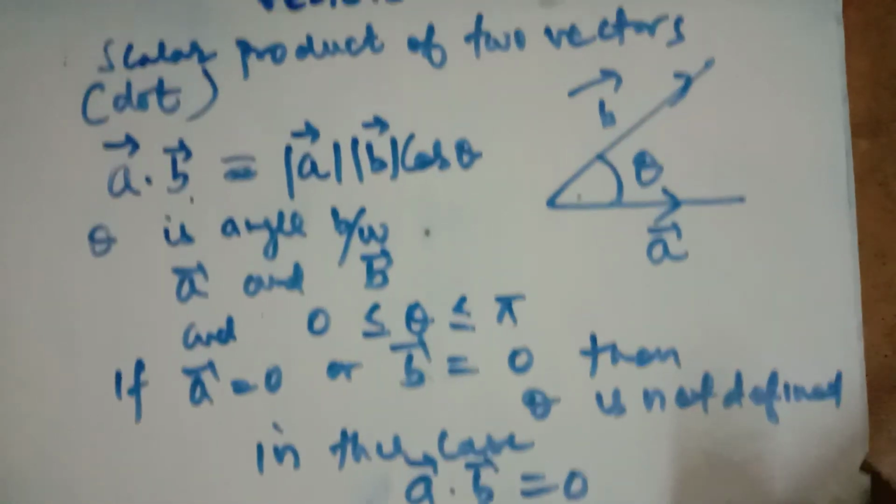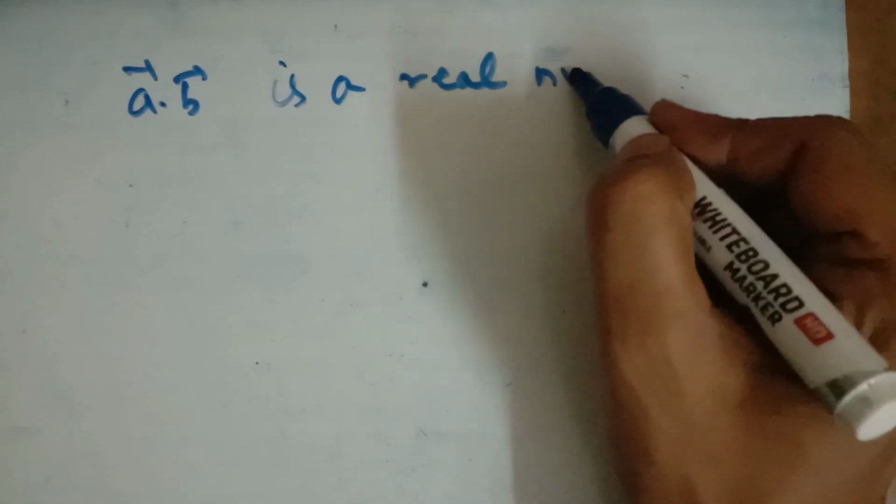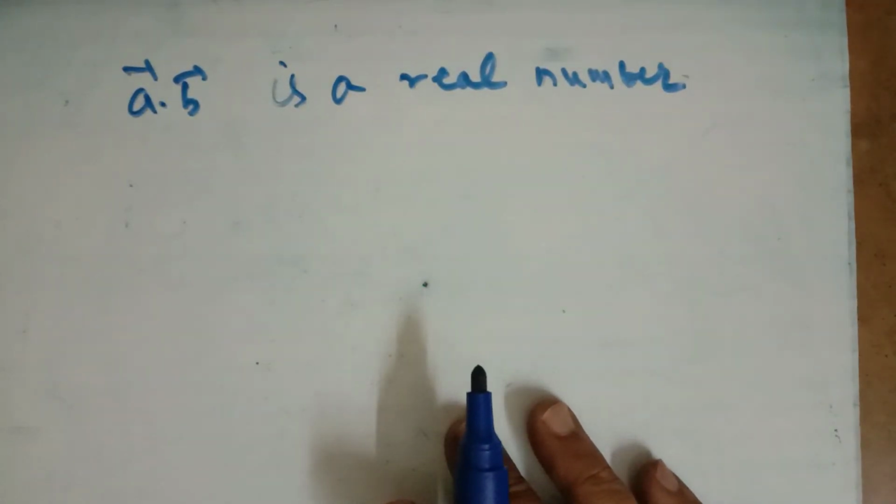Because it's a scalar product, a dot b will be a scalar, a real number. A dot b, you will get a real number.